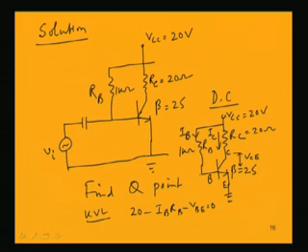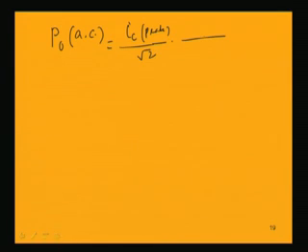So, we will be considering only the AC voltage. It is nothing but IC into RC, and we will have to divide by root 2, because IC peak into RC will give you the peak value of the collector to emitter voltage.